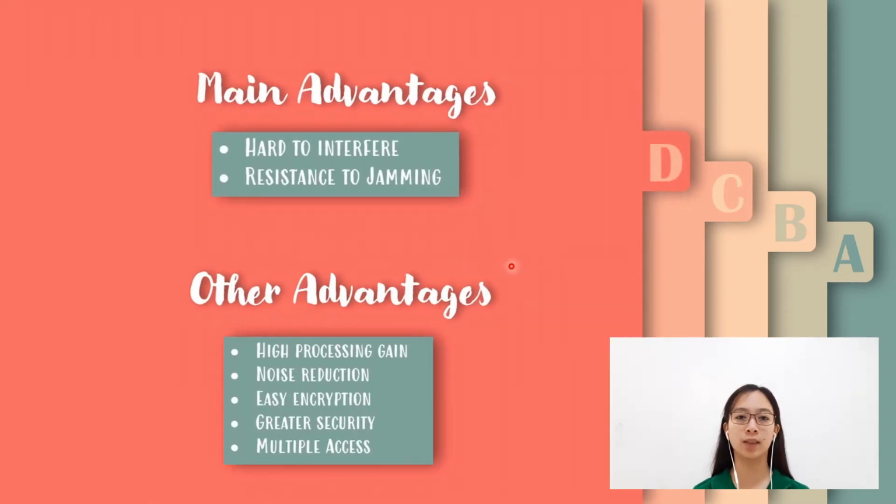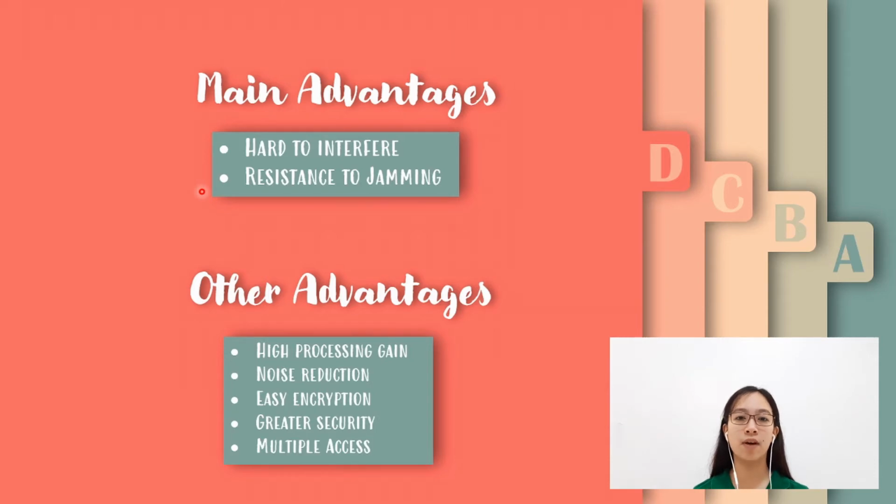Advantages of spread spectrum. By transmitting over a larger bandwidth, the robustness, or the quality of being in good condition, against external interference is increased. Since the wider the bandwidth of a transmitted signal, the lower the influence of interference over a small part of the bandwidth.